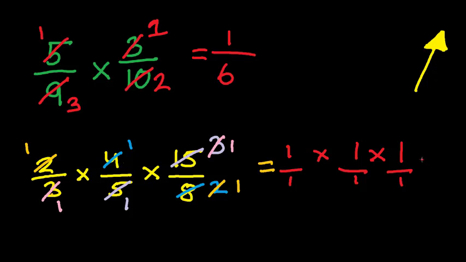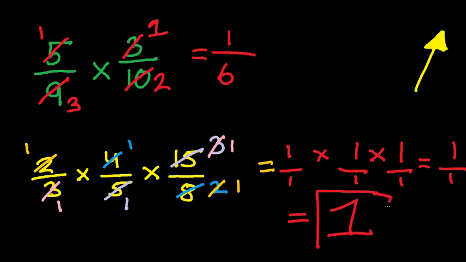Now it's really easy to simplify, because 1 times 1 times 1 is just 1, and all of these 1s at the bottom equal 1. And we know that any number with a denominator of 1 can be written as that whole number. So our answer is going to be 1. This just makes simplifying numbers really, really easy.